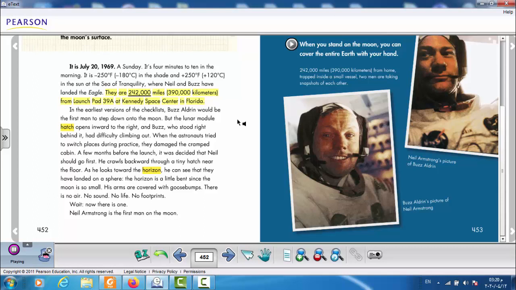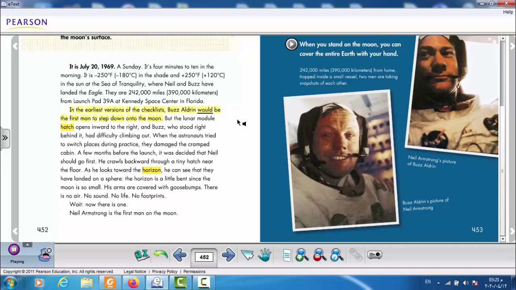They are 242,000 miles, 390,000 kilometers, from Launch Pad 39A at Kennedy Space Center in Florida.